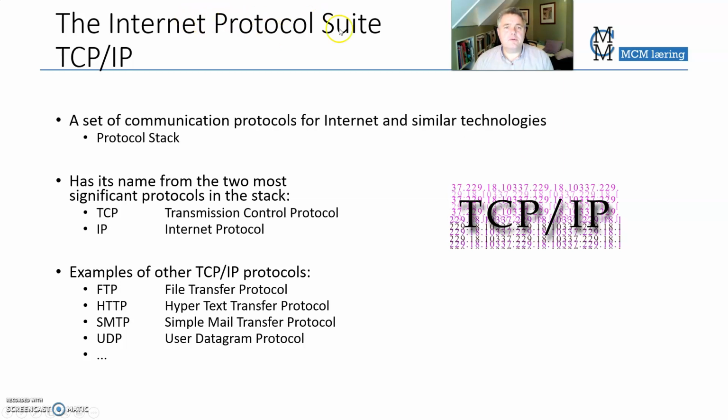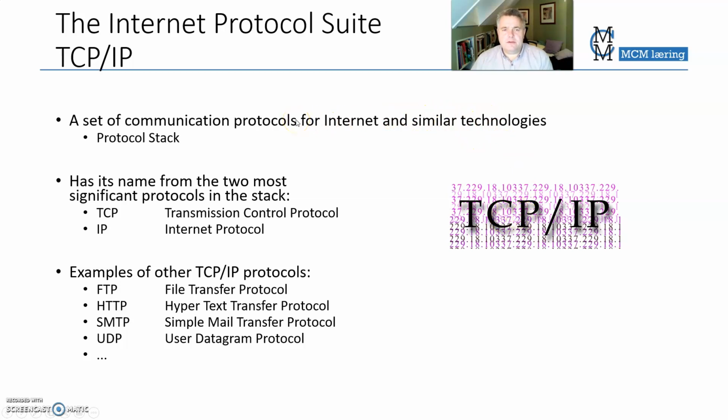The Internet Protocol Suite, TCP/IP, is a set of communication protocols for the Internet and similar technologies, which means that you can use this, of course, when you communicate something onto the Internet, but you can also use it, for example, for industrial applications where you want some industry components to communicate with each other, for example, a sensor and an actuator, and with data that is never sent onto the Internet, but still use the same technology.